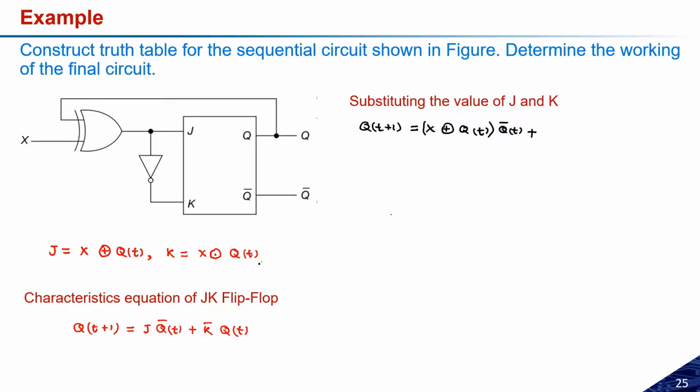Here K is the X XNOR Qt, so K bar is the same as X XOR Qt, because K is the complement of J. So I can use the same function I used for J. That gives X XOR Qt into Qt.